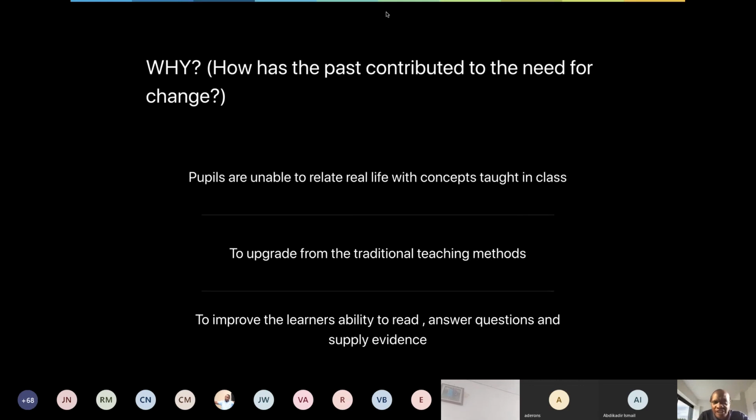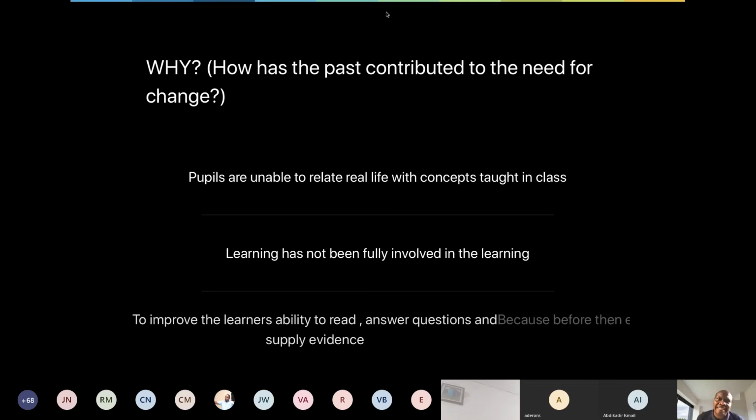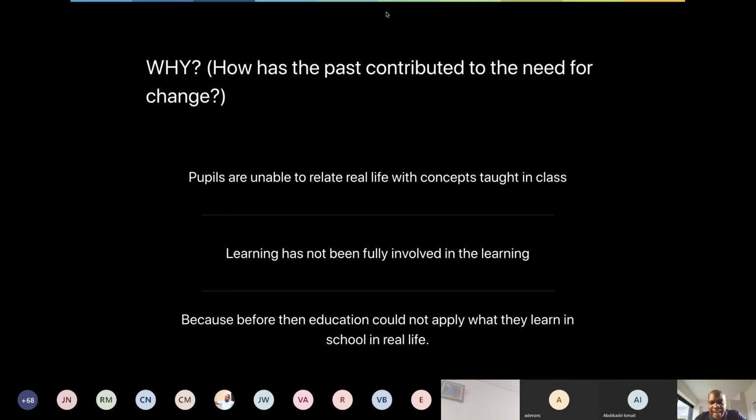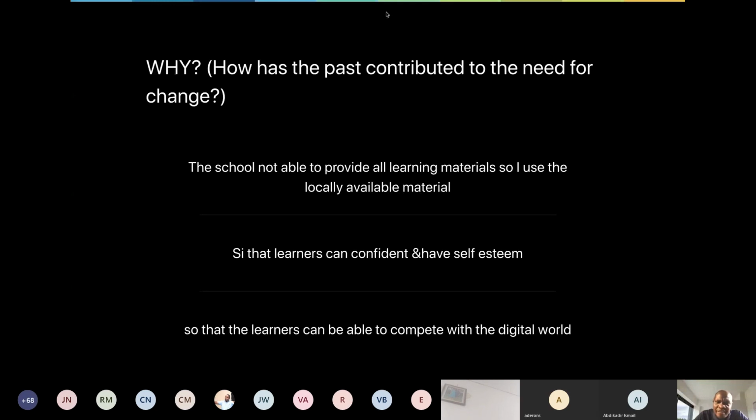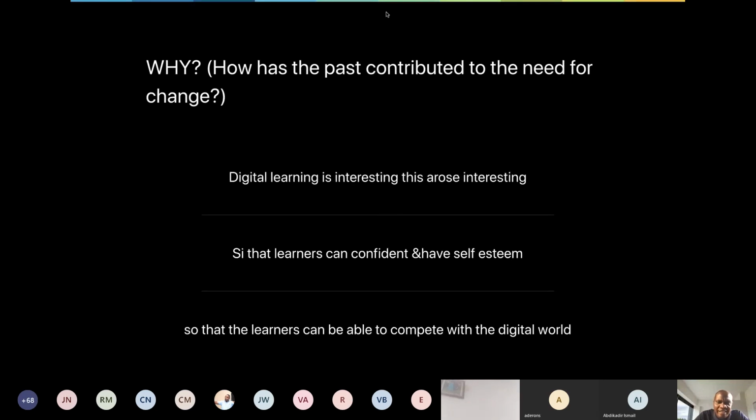Therefore, I would like to do digital literacy, so the justification is complete. Remember, we say assessing evidence, you make a claim and you give some justification. So we have to apply that here. Okay, the schools are not able to provide learning material, so I will use locally available ones. Excellent. So now we have a justification.